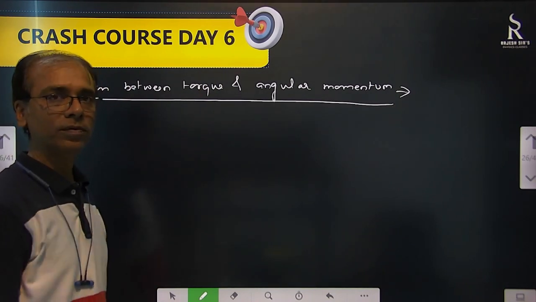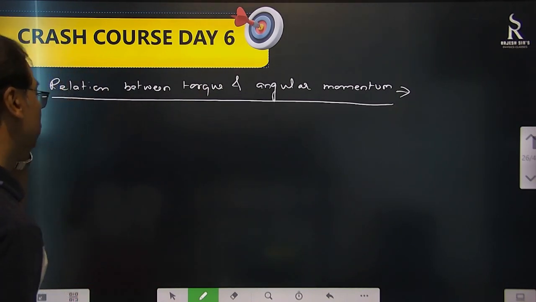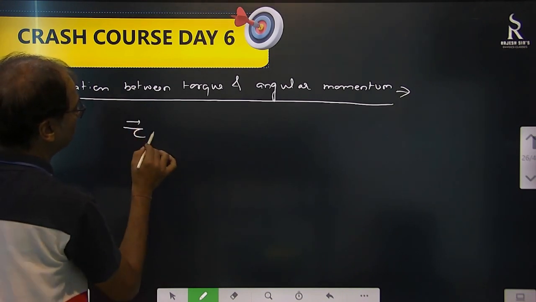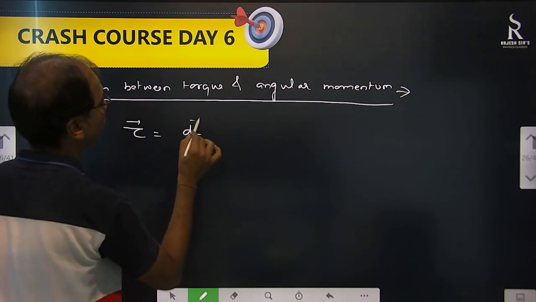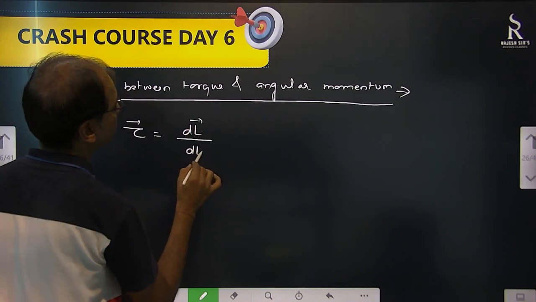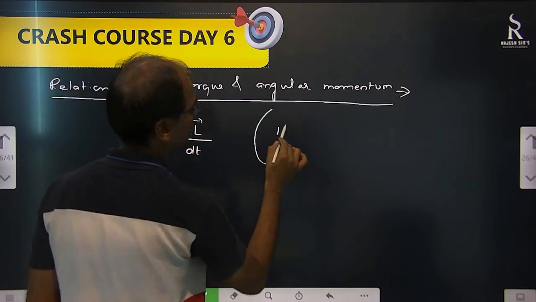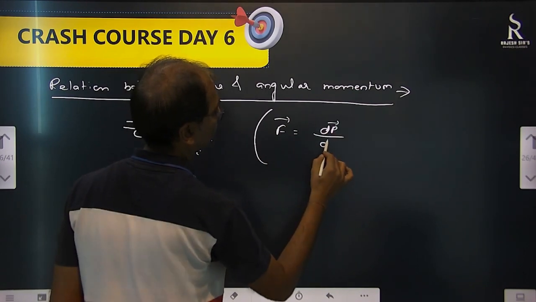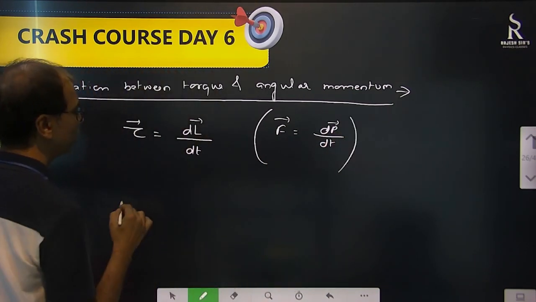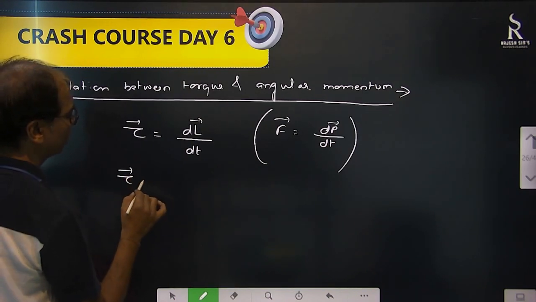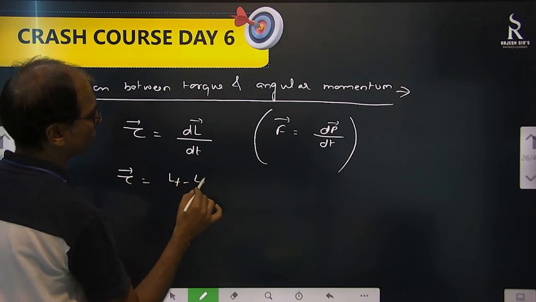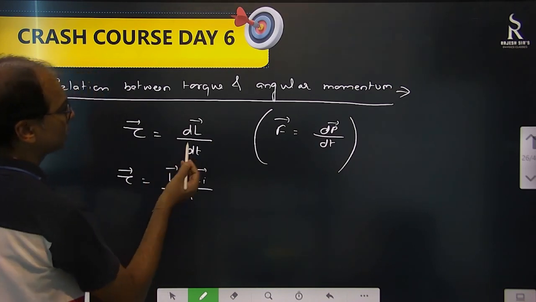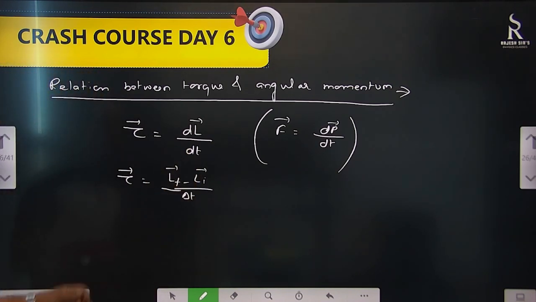Newton's second law itself is that relation. So here also it is there. Torque is equal to rate of change of angular momentum. What it was there? F equal to dP by dt. Here torque equal to dL by dt, or the average value of torque we can write as L final minus L initial by delta t, because this is instantaneous, you know that. The average value is this.